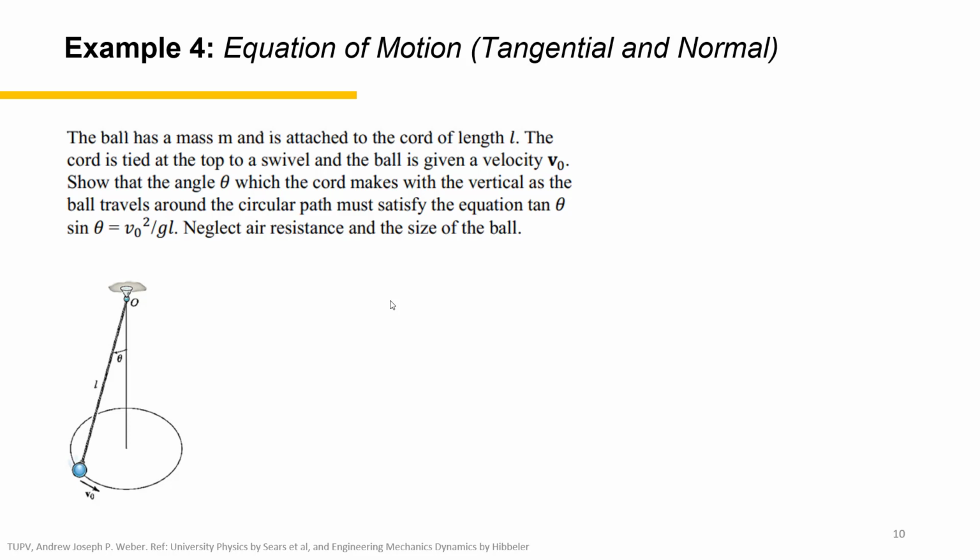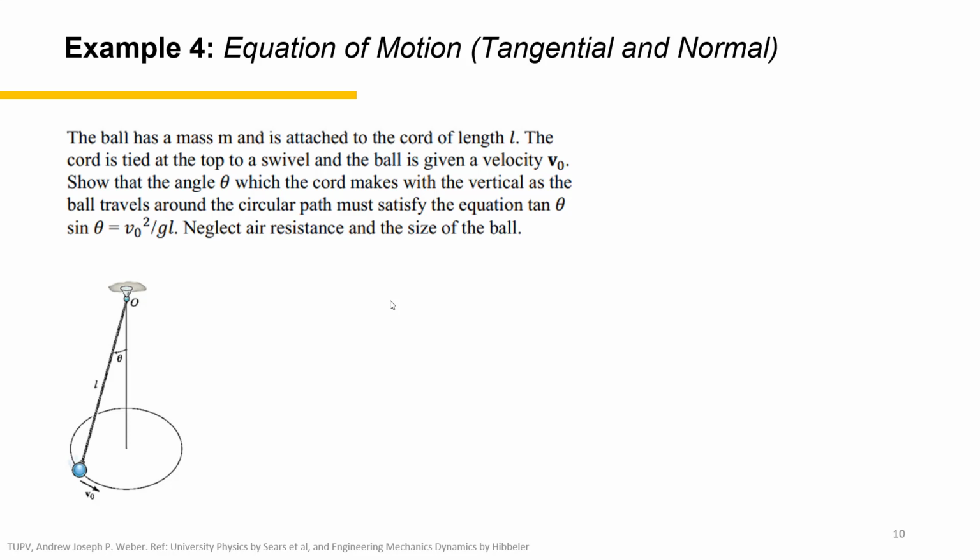So the problem reads, the ball has a mass m and it is attached to the cord which has a length L. The cord is tied at the top to a swivel and the ball is given a velocity v sub naught. Show that the angle theta which the cord makes with the vertical as the ball travels around the circular path must satisfy the equation, which is tangent theta sine theta is equals to v naught squared divided by gL.